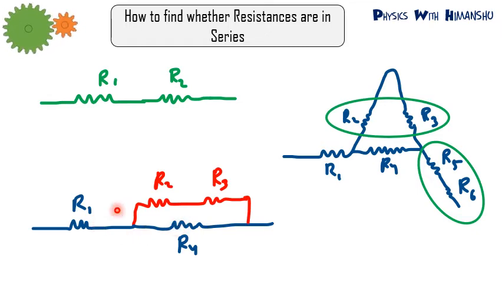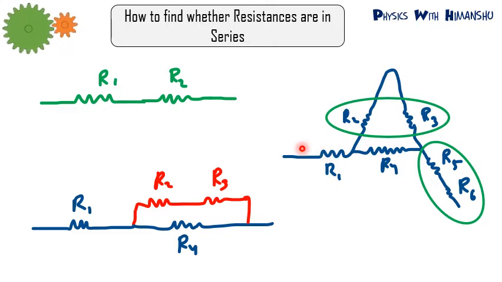Similarly, R1 and R2 cannot be in series because between R1 and R2 there is this R4 connection. Now if some current goes into R2, exits from R2 and enters R3, there are no other connections between R2 and R3 except the wire joining them. So R2 and R3 are in series. This is the way you have to find out whether the resistances are in series or not.